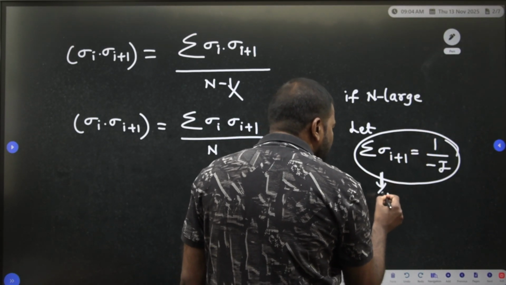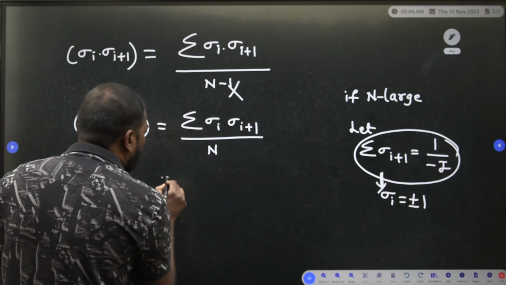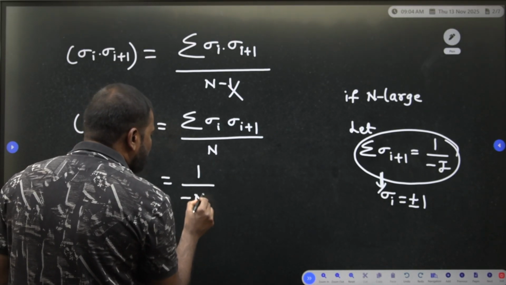But you know that sigma i is equal to plus or minus 1. Therefore, we write 1 by minus nJ.